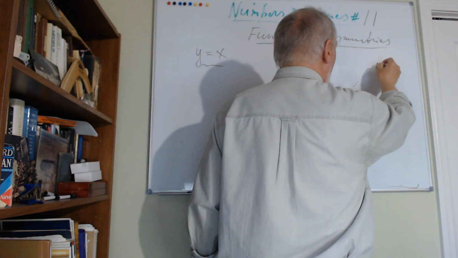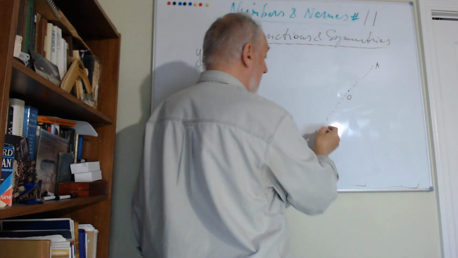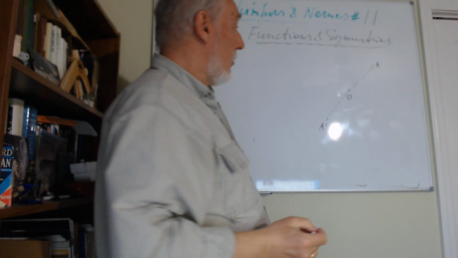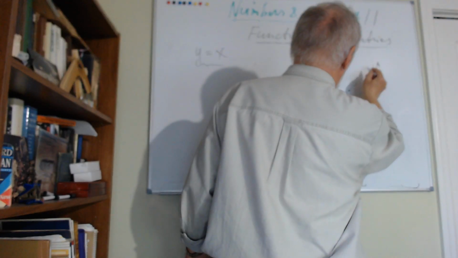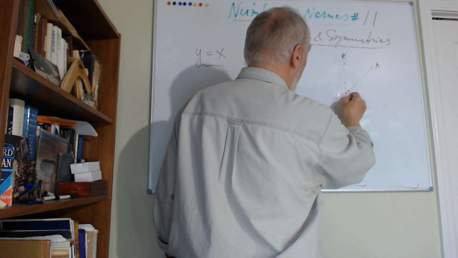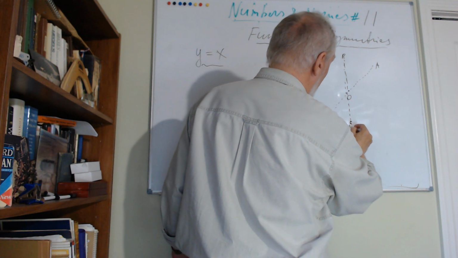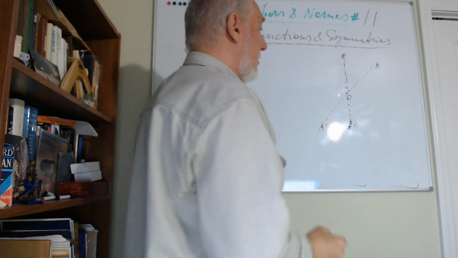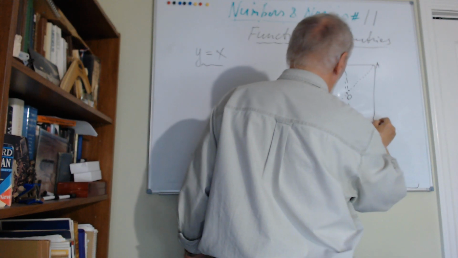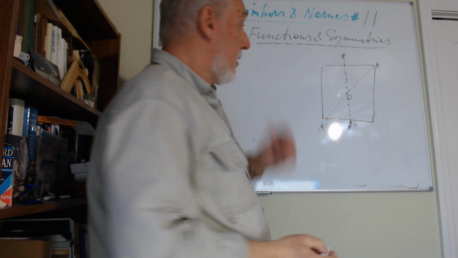So if you have on the graph a point A, you should have a point A prime somewhere here. If you have a point B, you should have the same distance, point B prime here. Like for example, this kind of graph is centrally symmetrical.